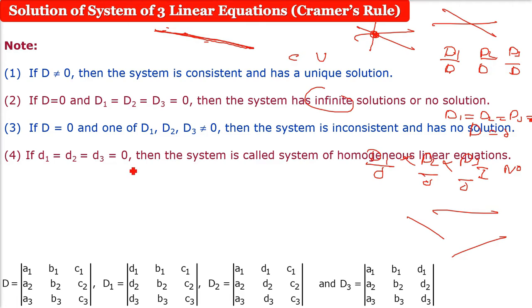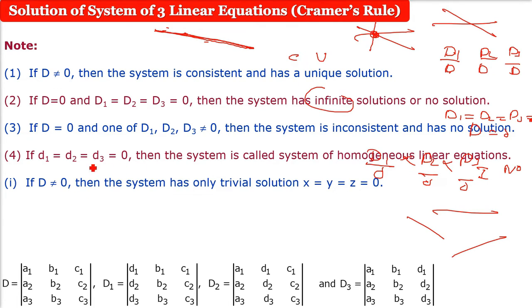If D1, D2, D3 are equal to 0, then we call it a homogeneous linear equation. In this case, if D1, D2, D3 are 0 and determinant D is not equal to 0, then the system has a very simple and trivial solution, that is x and y and z, all three are 0.